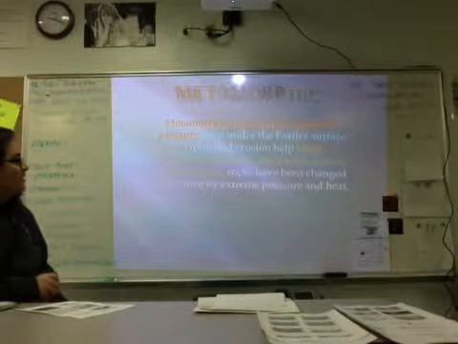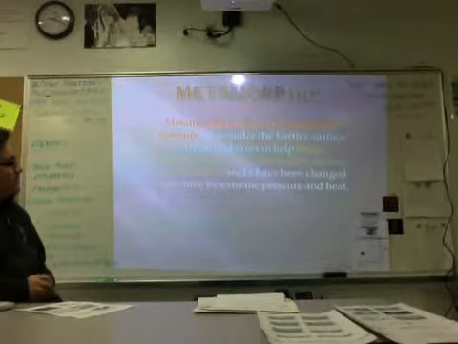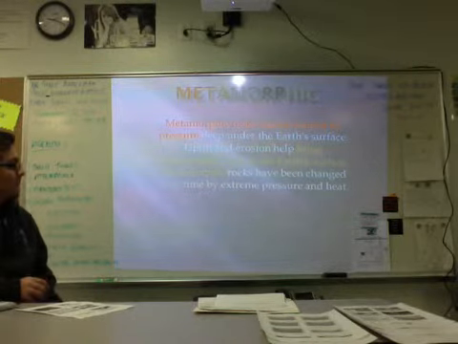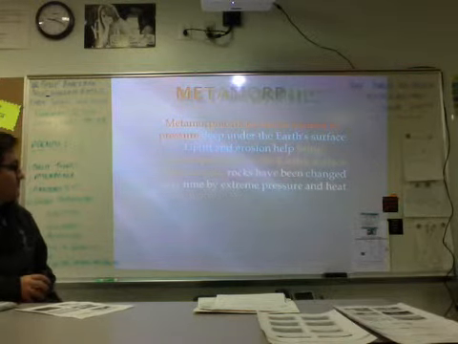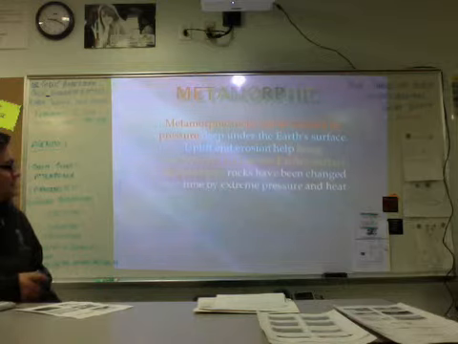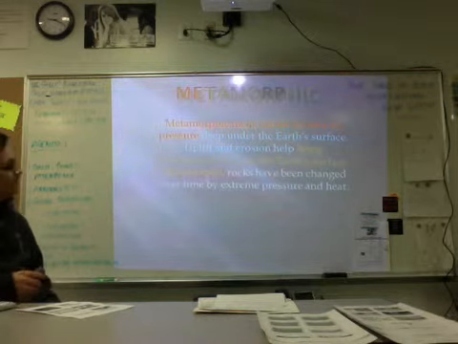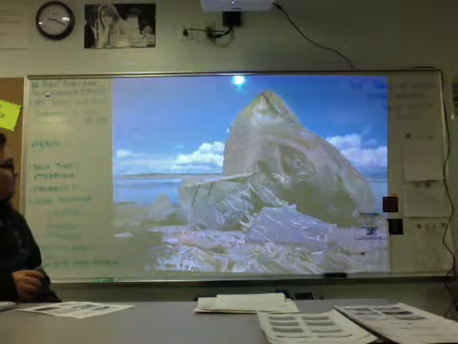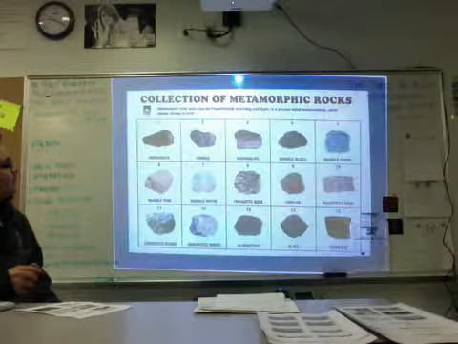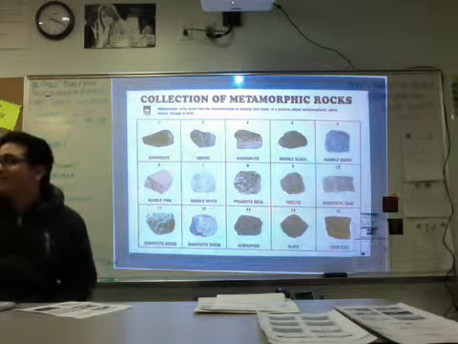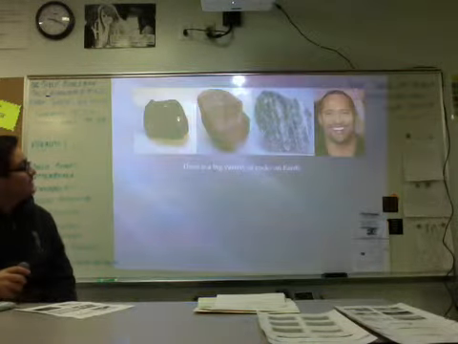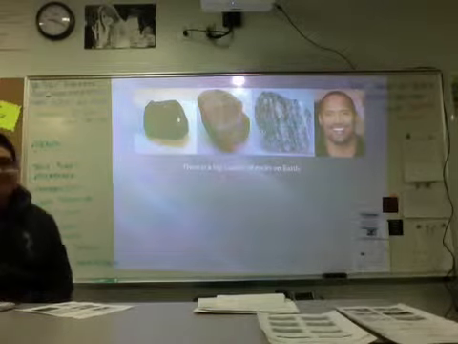Metamorphic rocks can be formed by pressure deep under Earth's surface. Uplift and erosion help bring metamorphic rock to Earth's surface. Metamorphic rocks have been changed over time by extreme pressure and heat. There is a big variety of rocks on Earth.